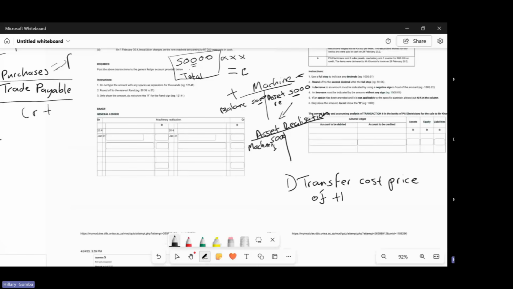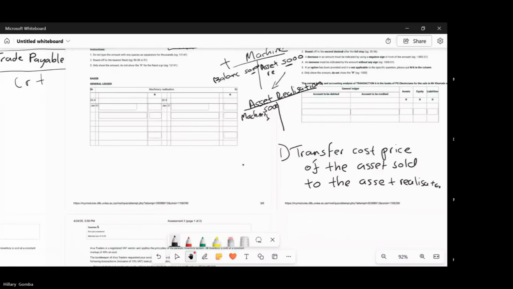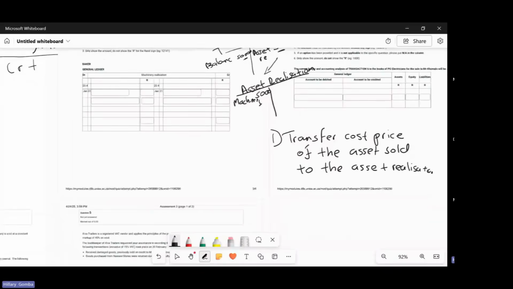In order for you to transfer that, what you do is you debit asset realization and you credit the machinery or asset that is being sold. This is your step number one.